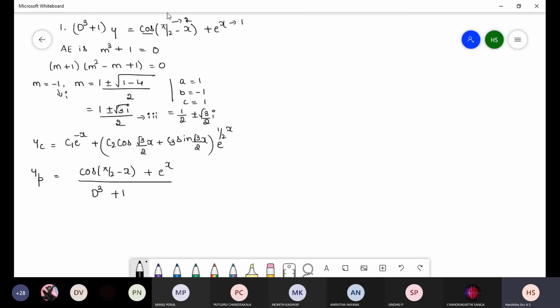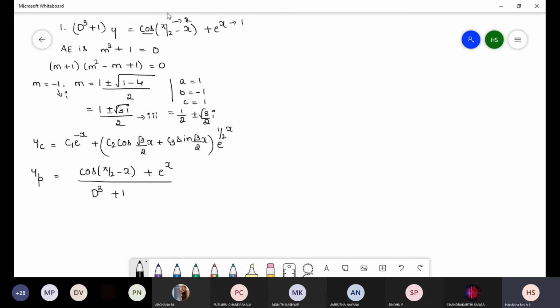See the formula properly. Cos of pi by 2 minus x is sin x.